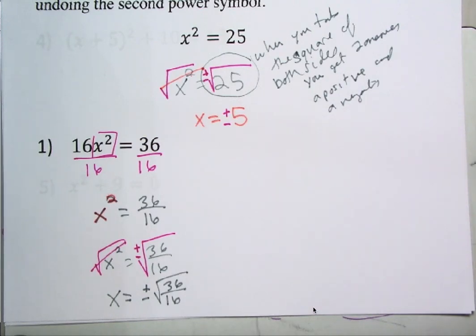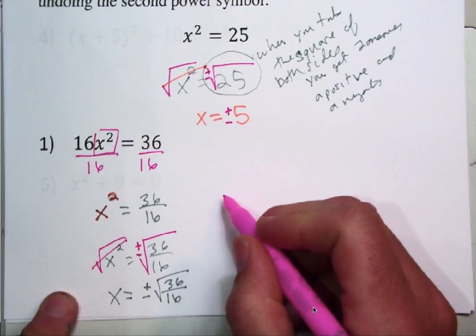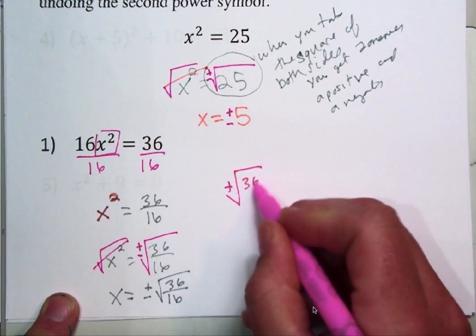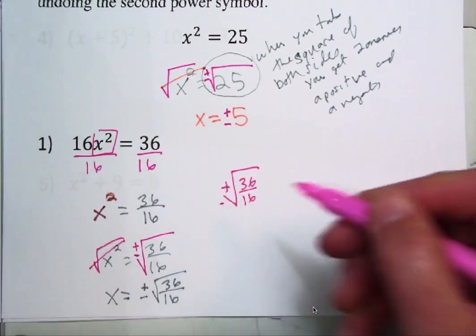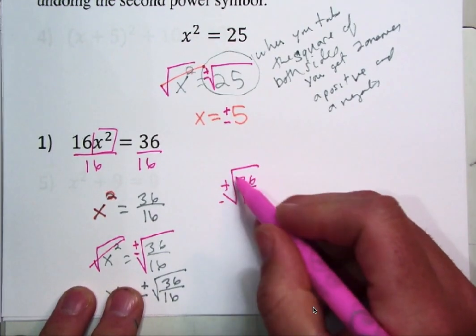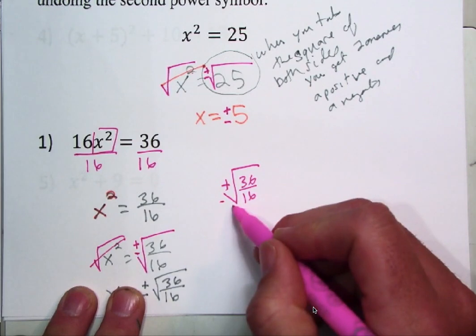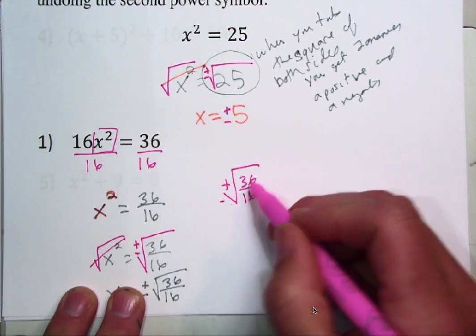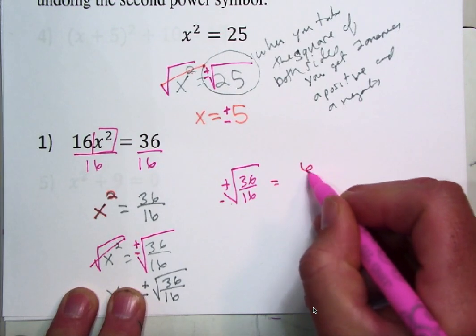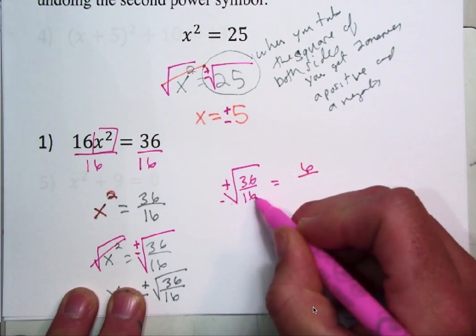I know some people are like, you could do something else. Yes, you could. And actually, this isn't simplified, so I'm going to take it over here. Notice that you're taking the square root of these two things. Well, what is the square root of 36? Well, the square root of 36 is 6. And what's the square root of 16?